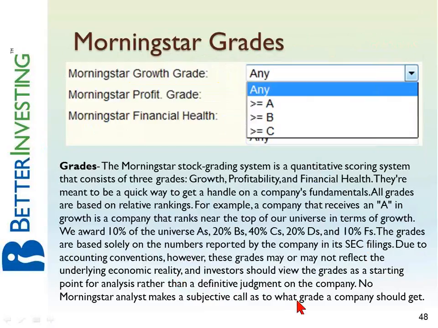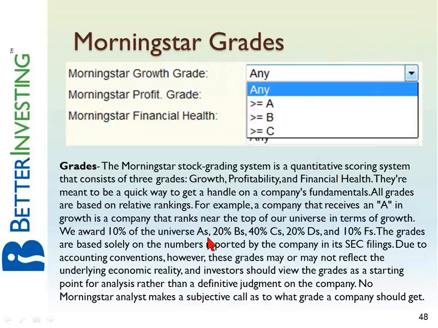So it's all based on their filing data, the equity data that's in the system. They have an algorithm for growth, an algorithm for profitability, and one for financial health. And they run their algorithm, and then they split it out. So it's a reference.